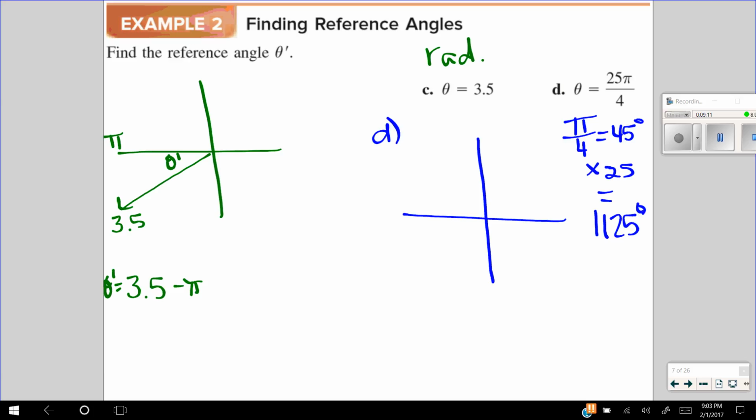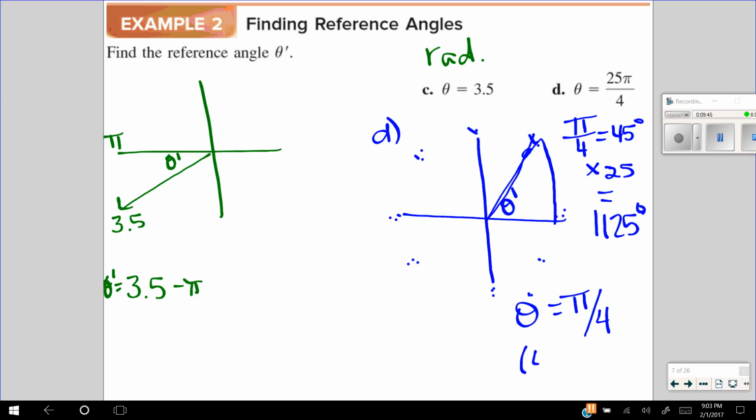The other way you could look at it is, if you know pi over 4 is 45 degrees, that means every 45 degrees is 1 pi over 4. So here would be 1 pi over 4, 2 pi over 4, 3 pi over 4, 4, 5, 6, 7, 8, all the way up to 25 pi over 4. So this angle right here is our reference angle, and that is just pi over 4, which is 45 degrees.